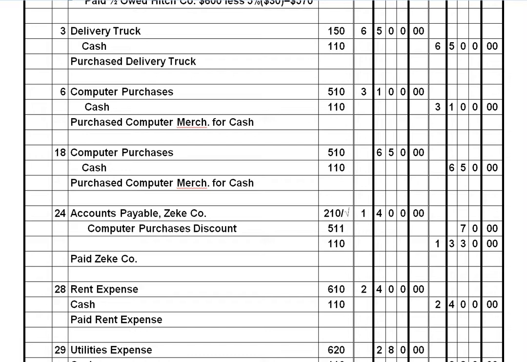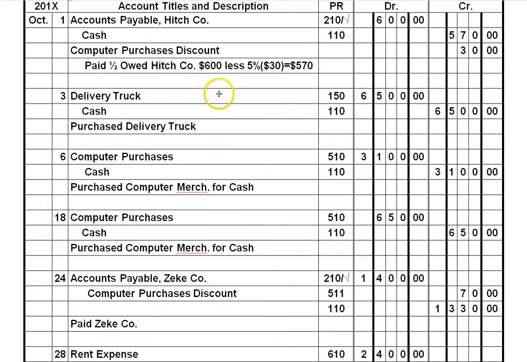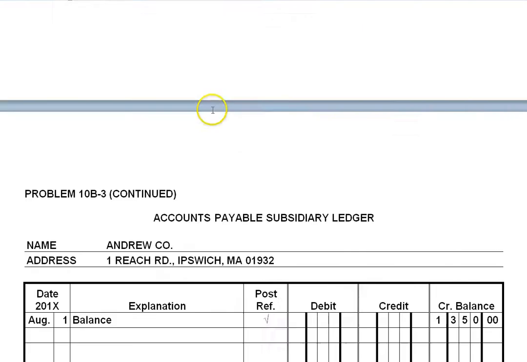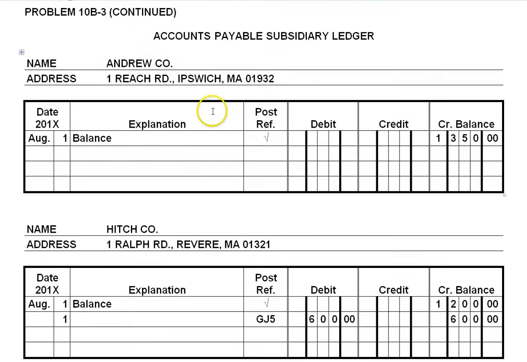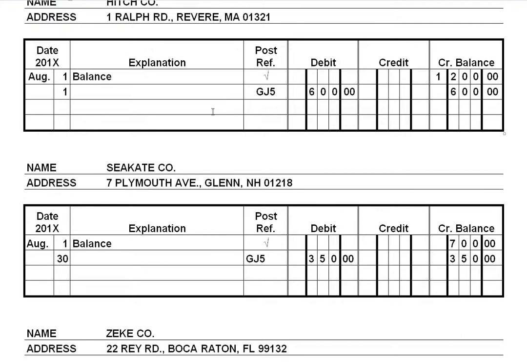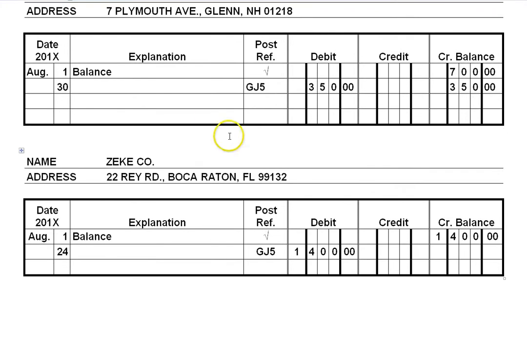Problem 10B3. It says paid Zeke Company the amount owed less a 5% discount. So apparently the purchase was not made in this problem, but rather we would have to go find Zeke's account down here. Here he is over here.